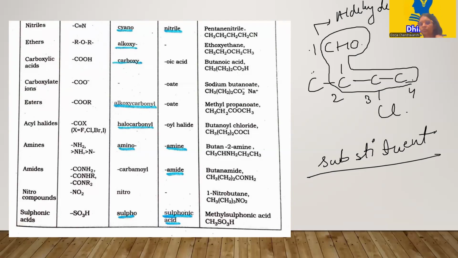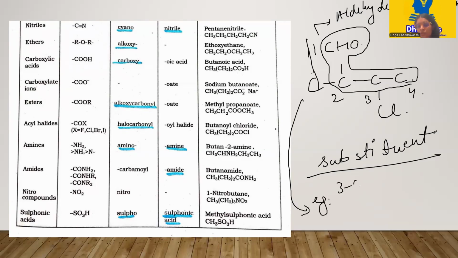1, 2, 3, 4. Please remember that aldehyde is a terminating group, which means that it will always be at the terminal end. So I cannot say that 2 would be written here. So this should be like this. What would be the name of this compound?